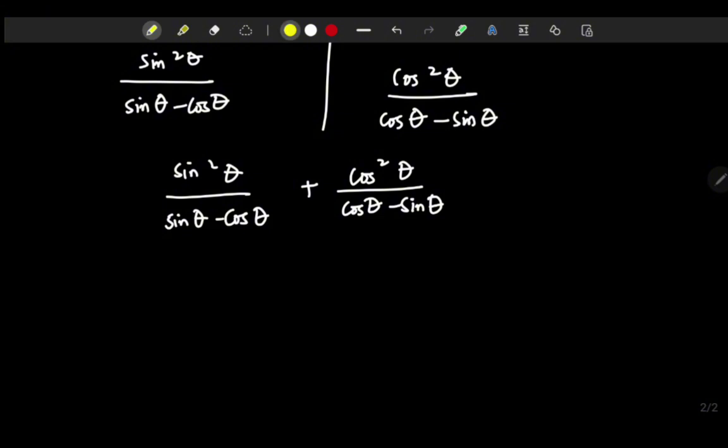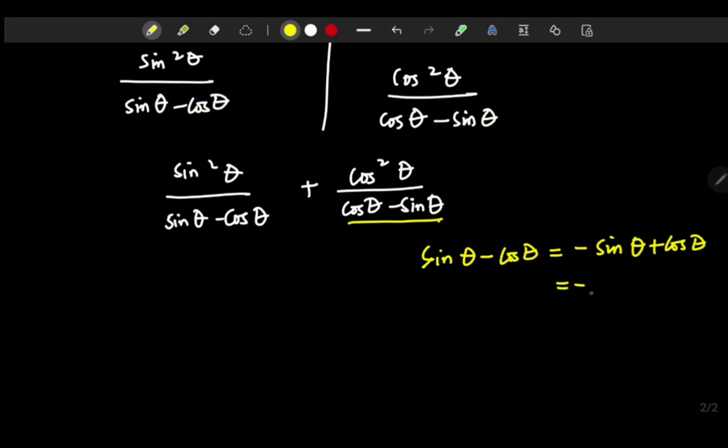They're not exactly the same, but to make them the same, I'm going to do something interesting here. This can be rewritten as minus sine theta plus cos theta. I just changed the position of sine theta and cos theta.